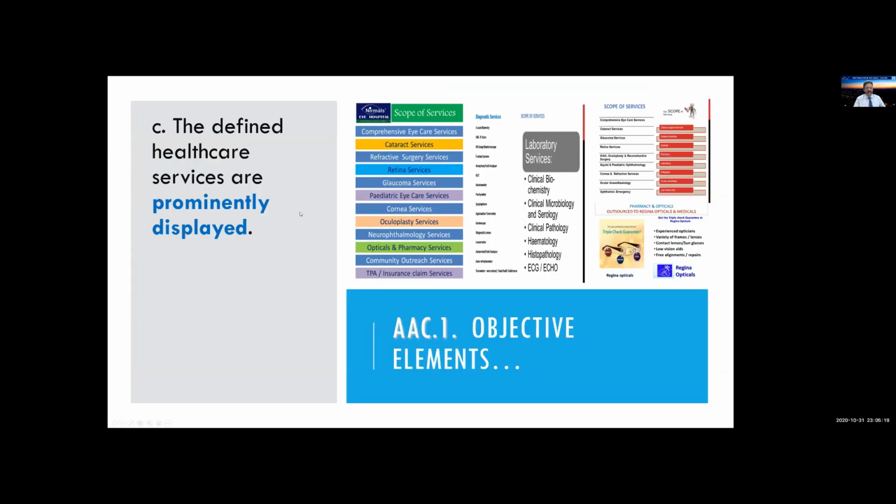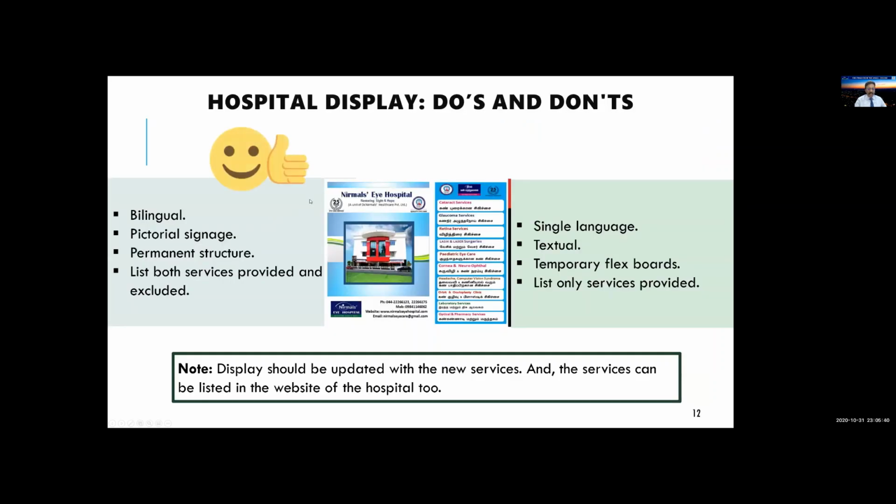And these services, what you have defined and accepted as scope of services, have to be prominently displayed. This may be in the form of a display of services along with ancillary services as well as outsourced services. And you also have to orient your staff to these services.